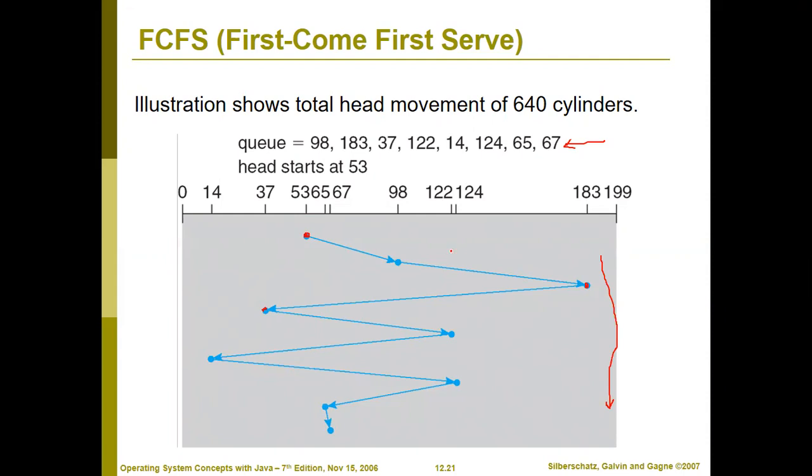Now, you need to count the total head movement. Total head movement means 53 to 98. How much distance have you covered? 98 minus 53.